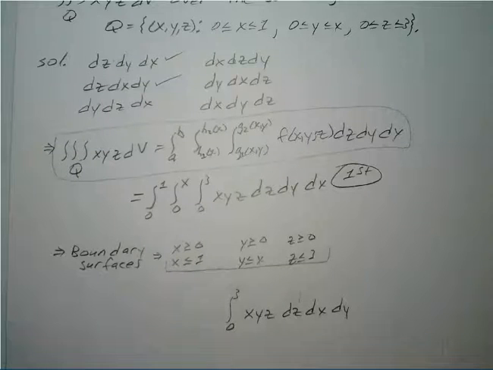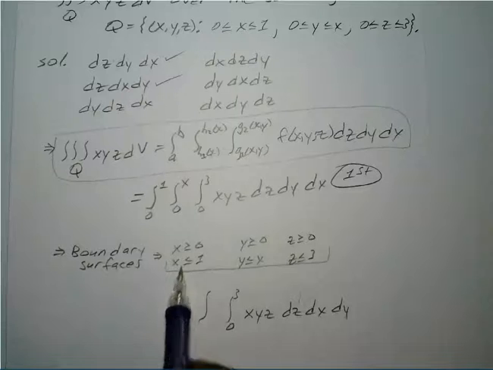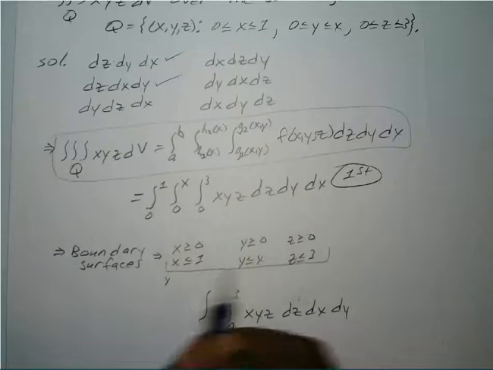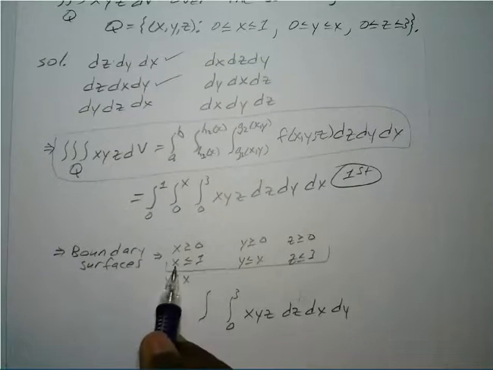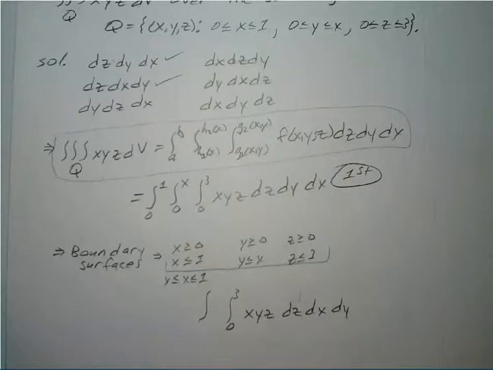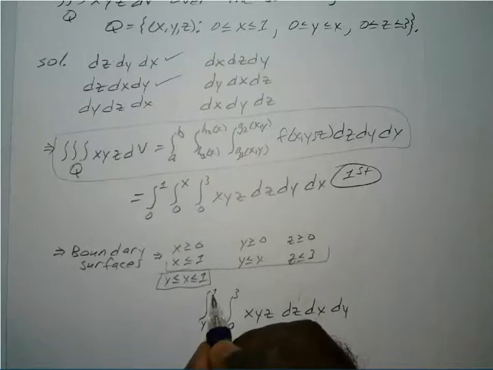In this case, we won't need a constant, because with respect to x, we see that y is less than or equal to x, but x is less than or equal to 1. So for x, we can make that from y to 1.